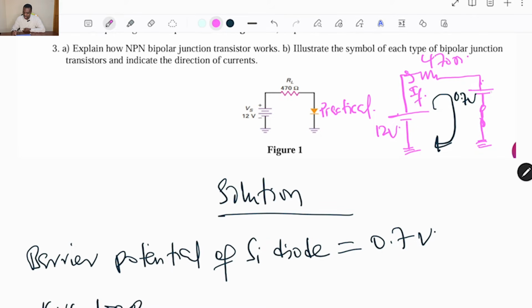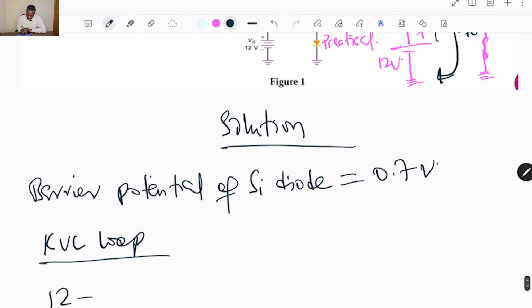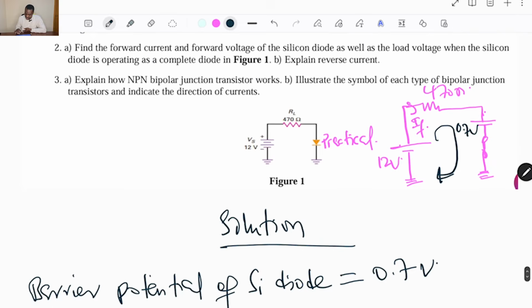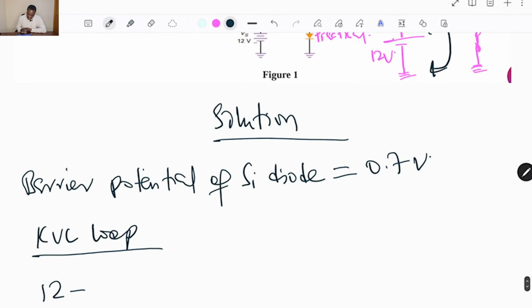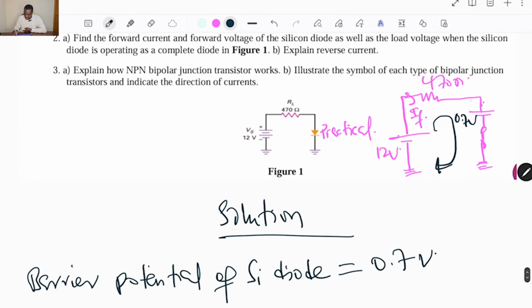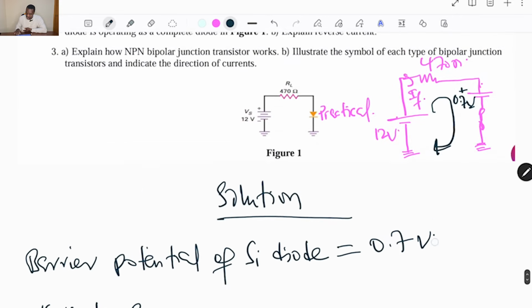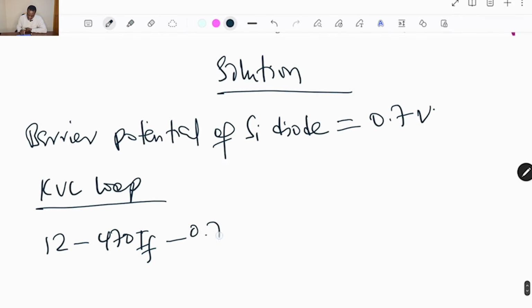That is the current that is also passing through the diode. So the voltage across the low resistor will just be the forward current times its resistance. Then we have the 0.7 volt from the barrier potential, so it's a drop, so we have minus 0.7.